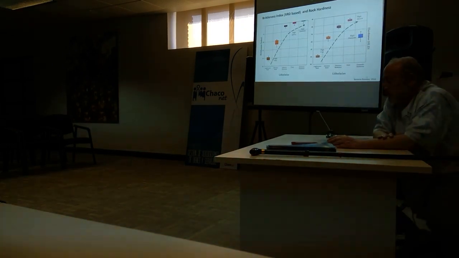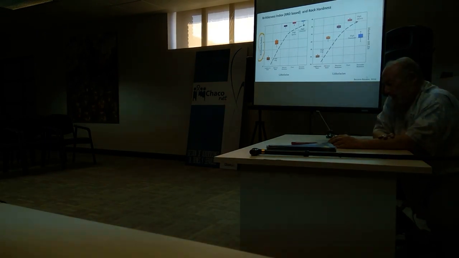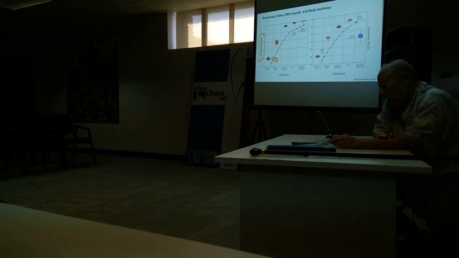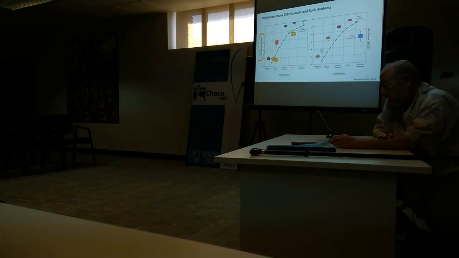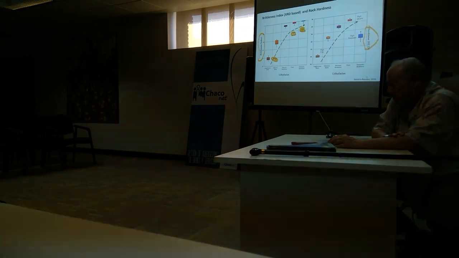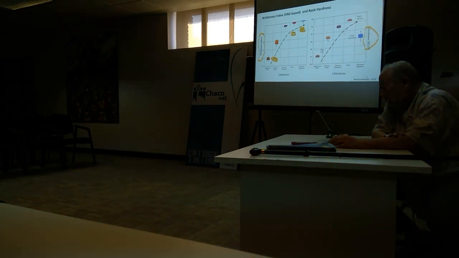So here's some other experiments we've done where we measure brittleness index versus rock type. Your high clay has the lowest brittleness index, and quartz and dolomite have the highest. But interestingly enough, when you go to rock type versus hardness, as measured with that little hardness rebound tester, your dolomite drops down somewhat.